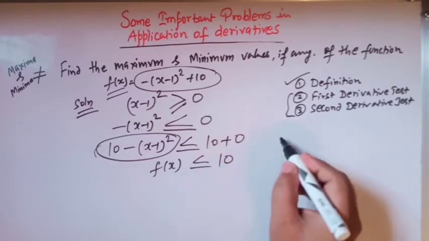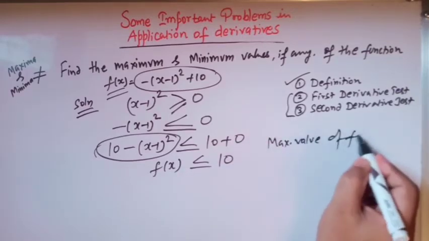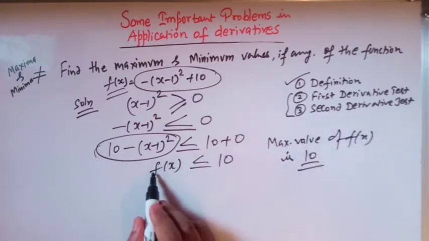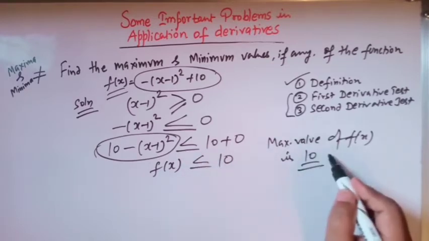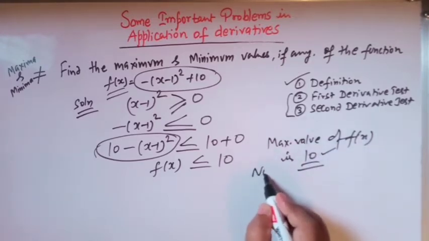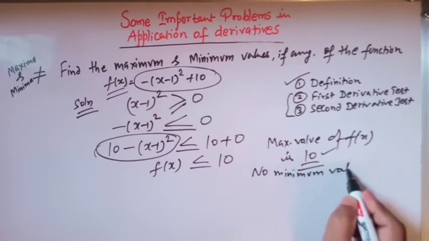In this case the maximum value of f of x is 10, right? Because the function cannot go beyond 10, so it is less than or equal to 10. So the maximum value of f of x is 10, and there is no minimum value, right?